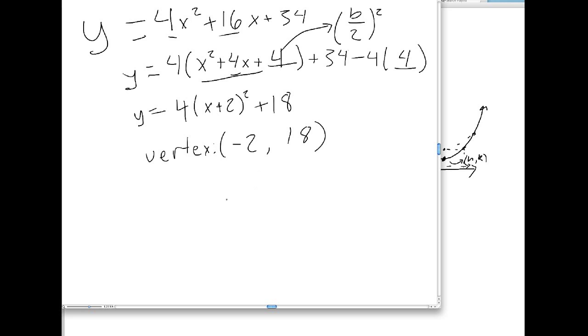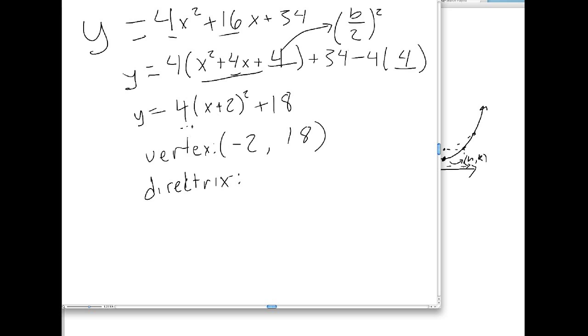Now, they also want us to find the directrix. Well, the directrix is given as y equals k minus 1 over 4a. Directrix writing is hard. So, we've got y equals k minus 1 over 4a.